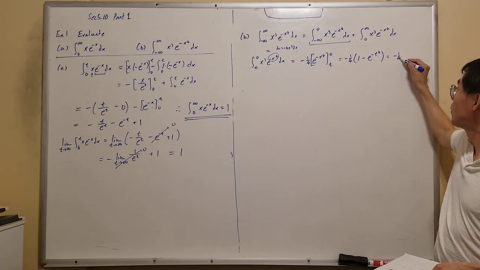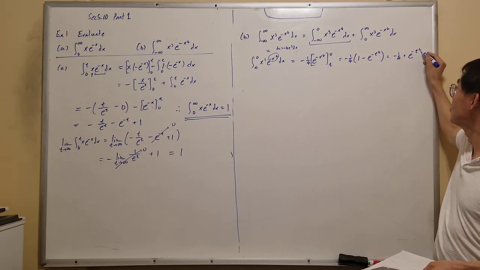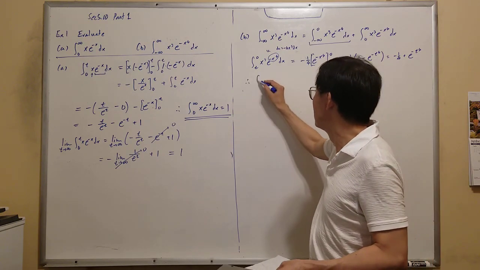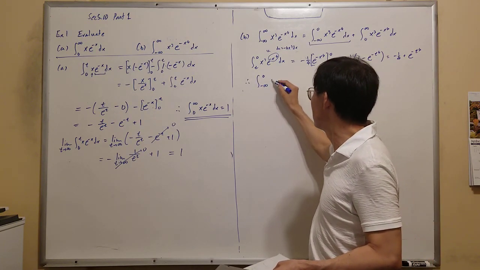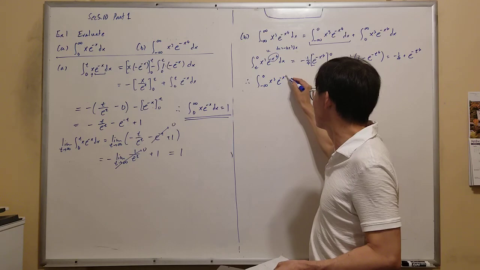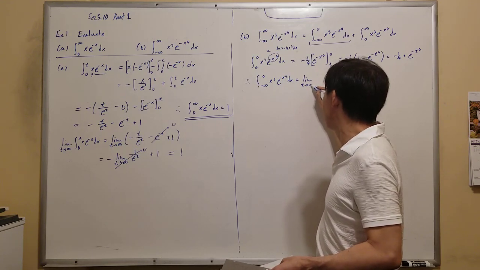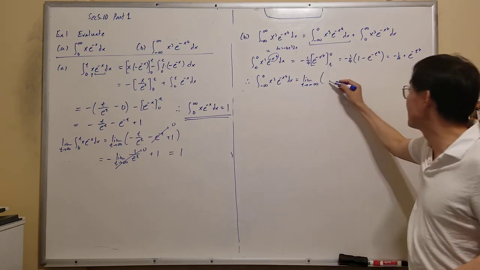It's minus 1/4 plus 1/4 e to the negative t to the 4th. Therefore, the integral from minus infinity to 0 of x to the 3rd e to the minus x to the 4th dx is the limit as t goes to negative infinity of this expression.